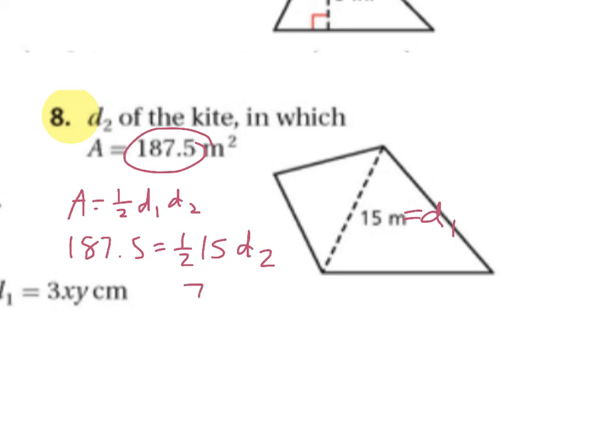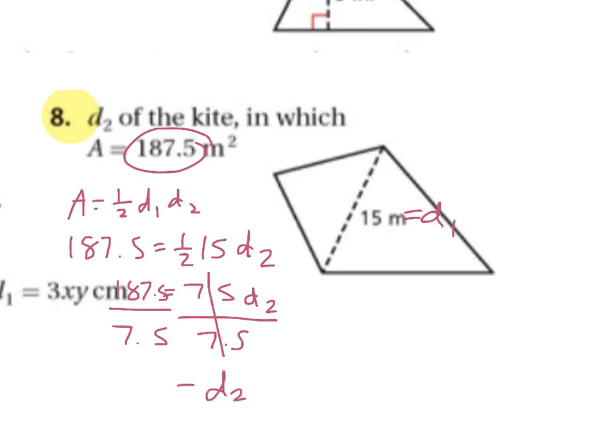So we get 7.5 times d2 is equal to 187.5. And then we just divide 7.5 by both sides. So these are going to cancel out, and we're going to get d2 equals 187.5 divided by 7.5, which we can use a calculator to find. And our answer is going to be 25.